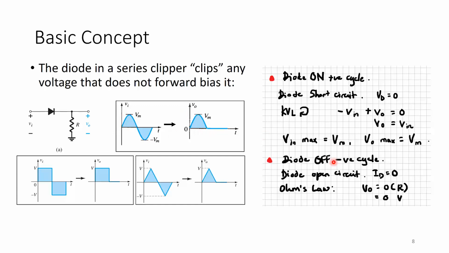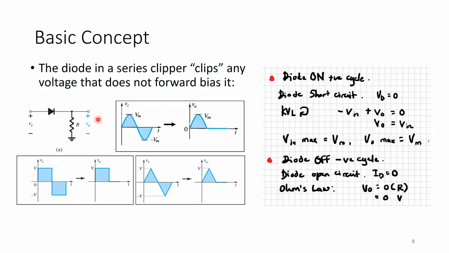But when it is the negative cycle, the input would be attempting to flow in the opposite direction of positive current flow, and this diode would be reverse biased, so this diode would be non-conducting. If I do an equivalent circuit for the ideal diode, this would be an open circuit, which means ID here would be 0, which means the current through this resistor would also be 0.